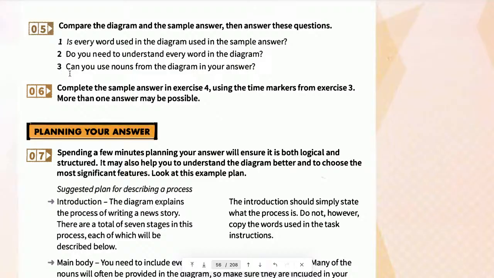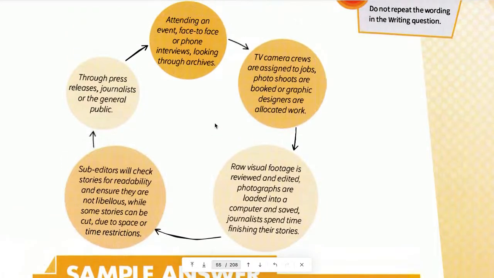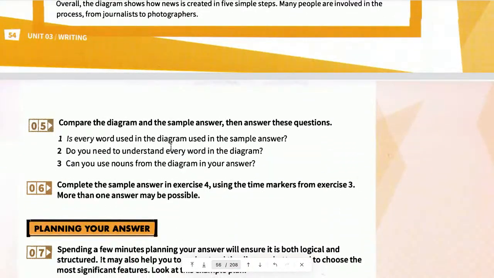And number 3, can you use nouns from the diagram in your answer? Now, read the diagram and the sample answer again and answer all of those 3 questions. Now do it.